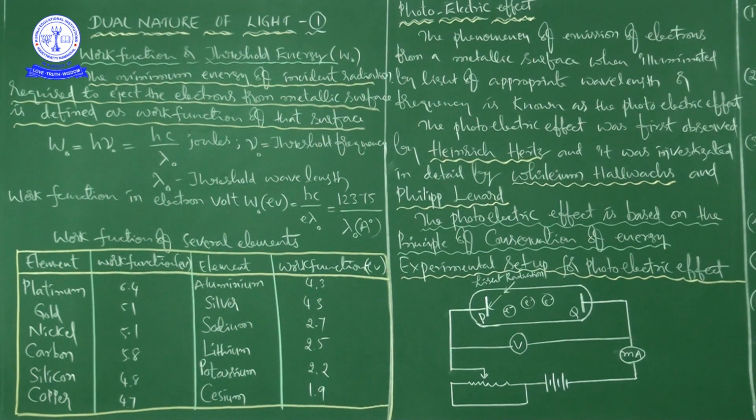Some materials allow electrical energy and some don't. If it allows, it is said to be a conductor, and if it doesn't allow, it is said to be an insulator.